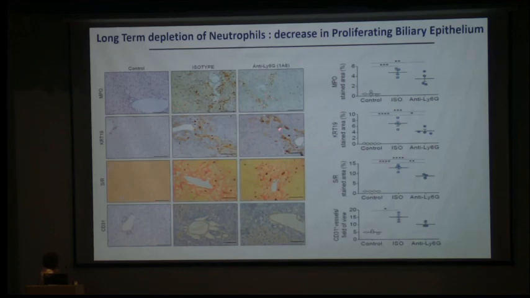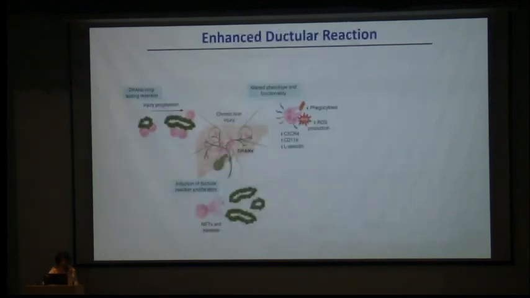Similarly, keratin 19 was decreased, and MPO is the marker of the neutrophils. So if you deplete the neutrophils, there could be less proliferating biliary epithelium.